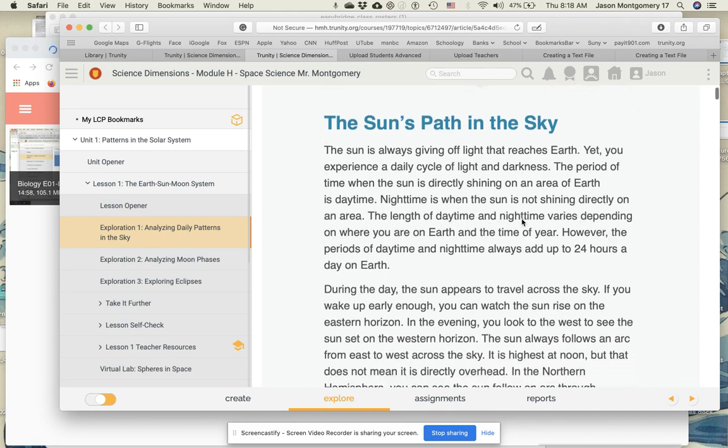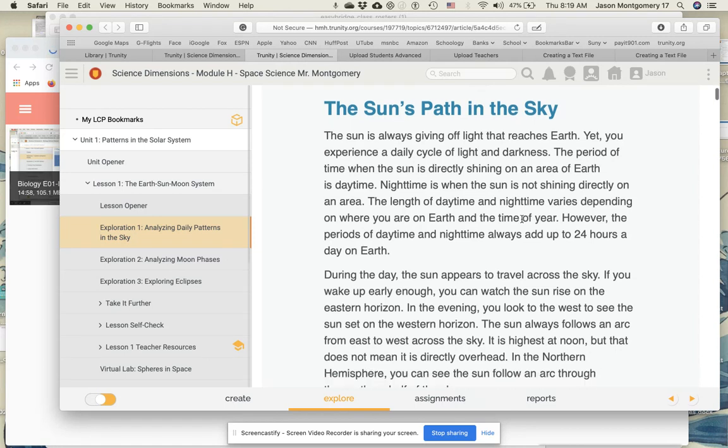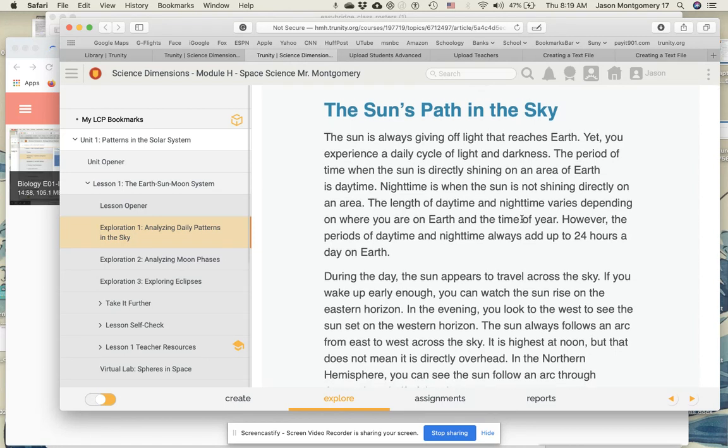Right. And there's a few reasons why, because the sun is fixed, but the earth is moving around the sun and rotating on its axis. One complete spin of earth on its axis is 24 hours. Right. So that's what we call a day.